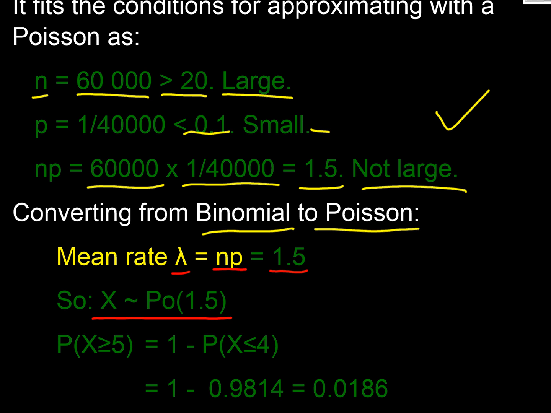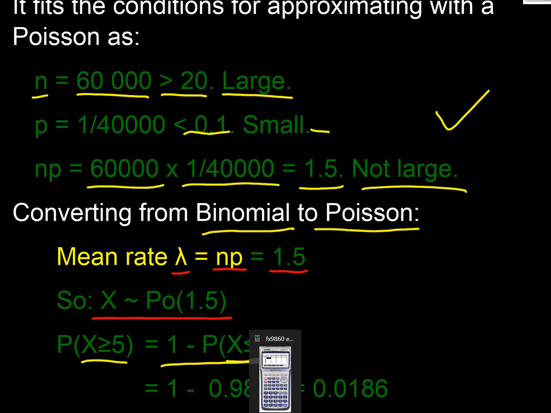And we are going to work out our probability the usual way: probability that x is greater than or equal to 5. Well, we know our calculators will only give us a less than or equal to. So therefore we have to use the complementary probability. The probability of greater than or equal to 5 is the same as 1 minus the probability of x being less than or equal to 4.